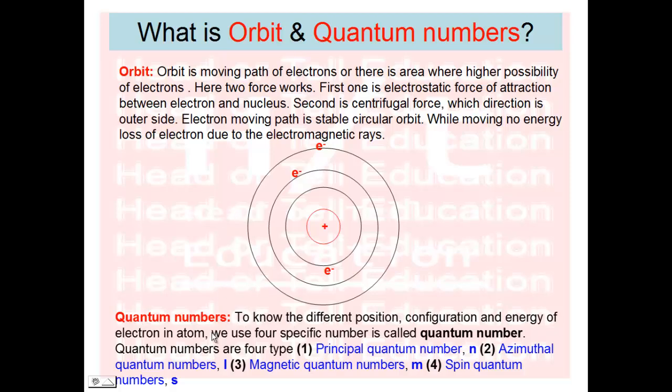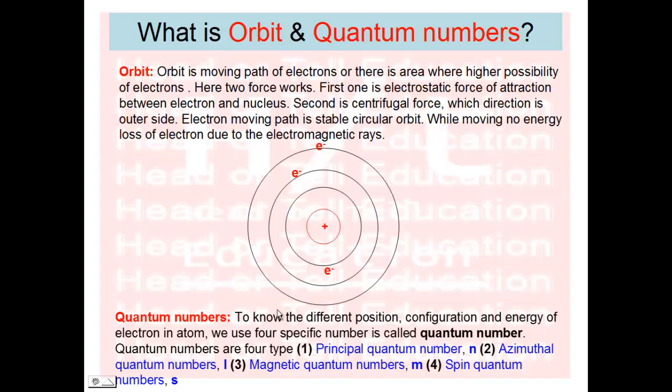Quantum numbers. To know the position of the electron, the configuration of the electron, and the energy of the electron in atoms, we use four specific numbers, called quantum numbers.